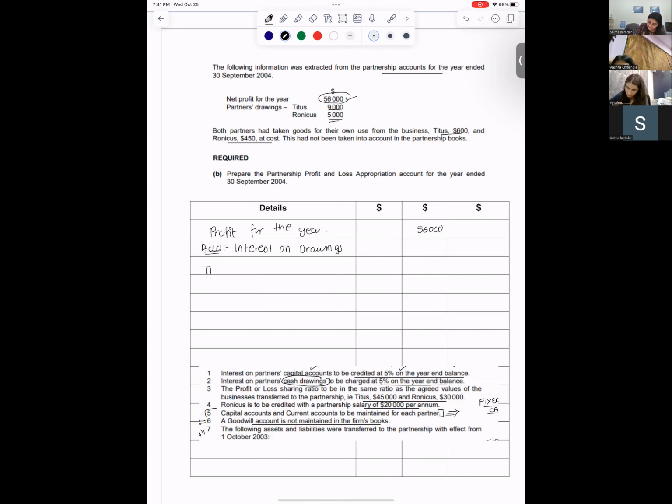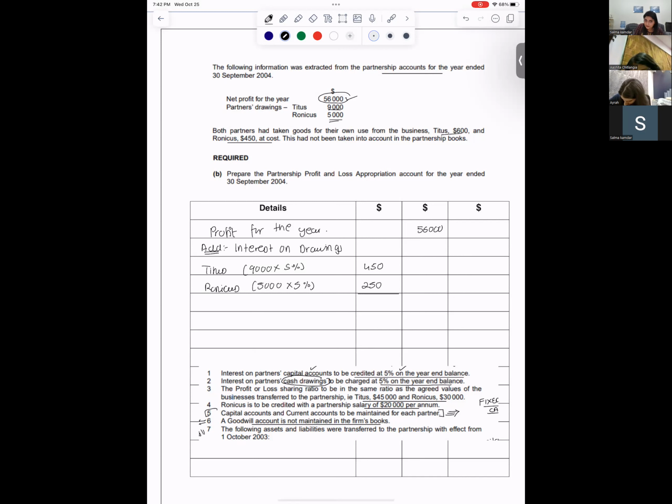So for Titus, it is 9,000 into 5%. And for Ronicus, it is 5,000 into 5%. So what is the amount coming up to? 450 and 250.